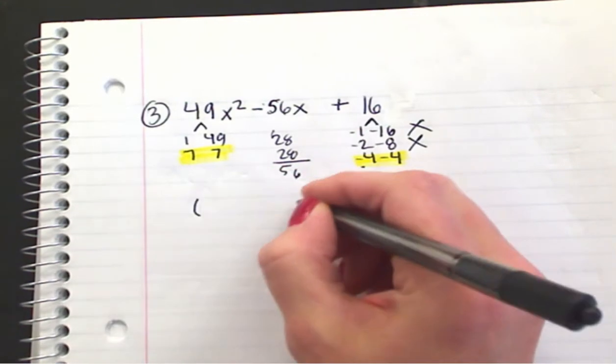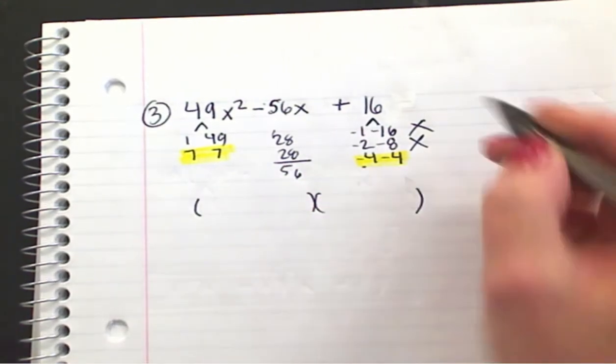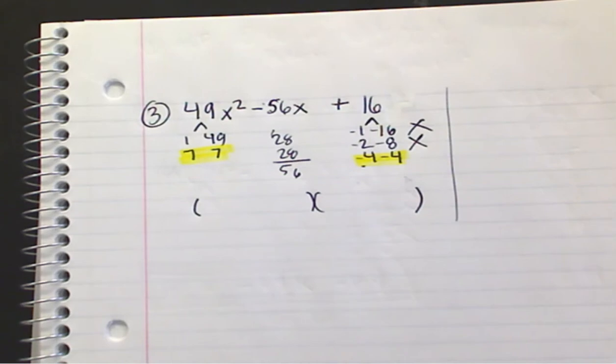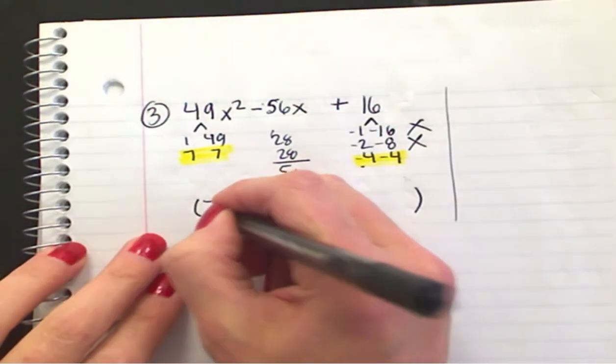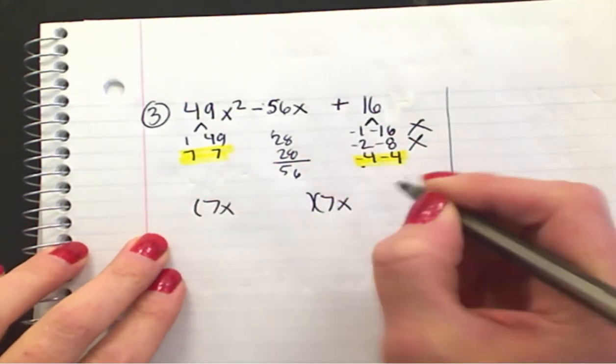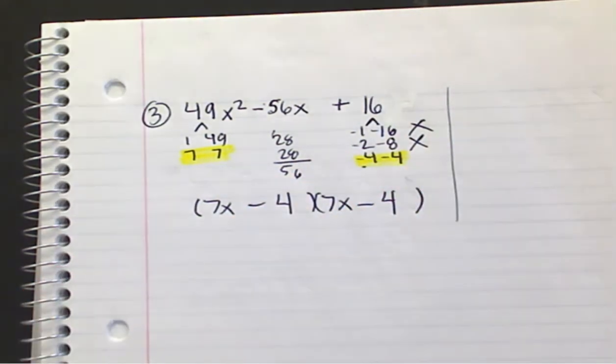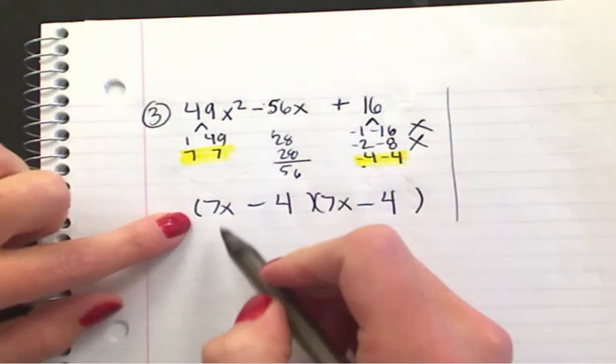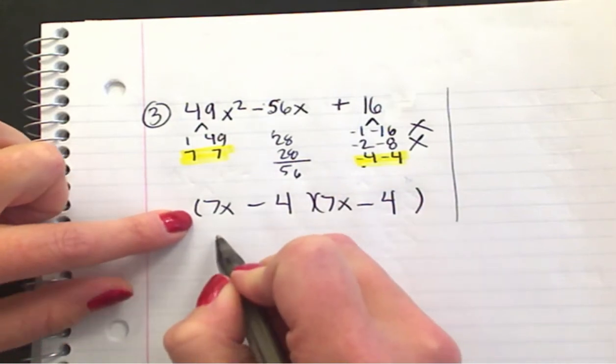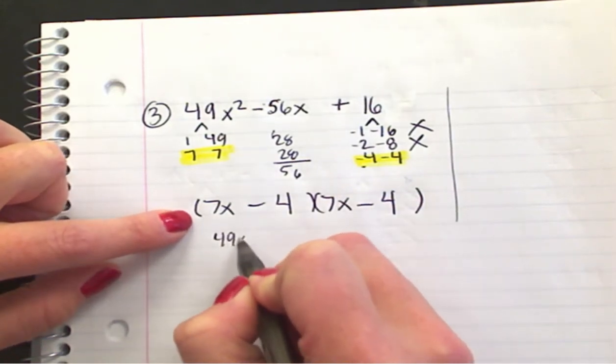I like how you said the word perfect because there's a name for this pattern. 7x and 7x, minus 4 and minus 4. Okay, check it. 49x squared.